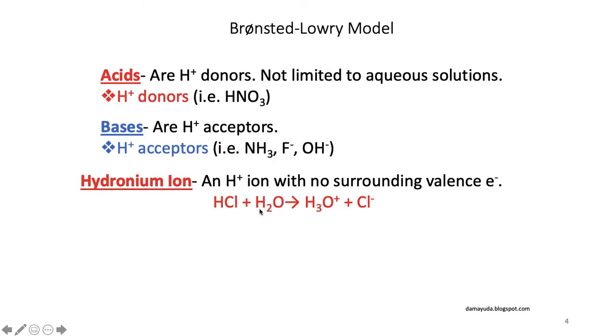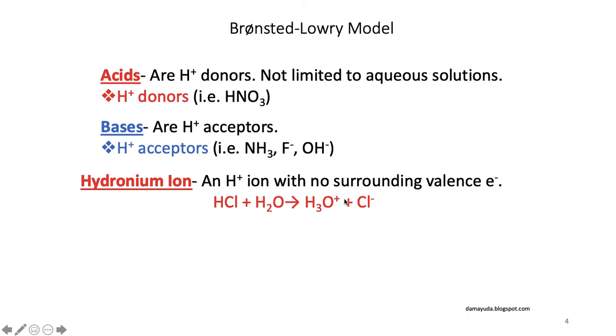Basically, I just added a hydrogen to make H3, three hydrogens, but also remember that this H has a charge associated with it, so it's an H plus, and that's why the H3O acquires this plus charge. And then what you have left over is the chloride anion, so plus Cl minus.